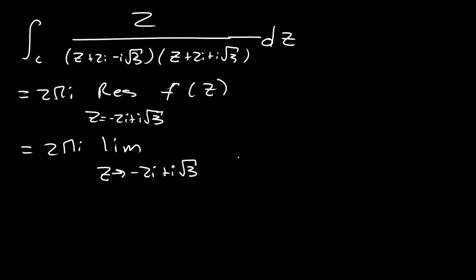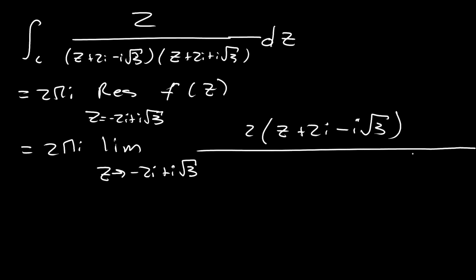But anyways, so we're going to get a 2 times z plus 2i minus i root 3. Divide that all by z plus 2i minus i root 3 times z plus 2i plus i root 3.